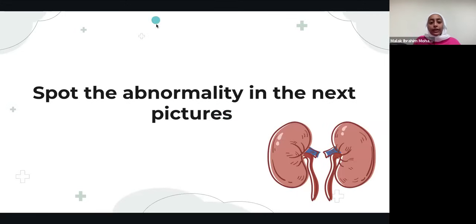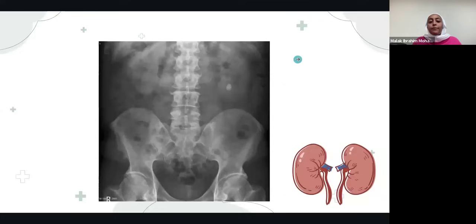For the next section, I'll be giving you pictures, and you should spot the abnormality. This first picture, what's the abnormality? Be specific.